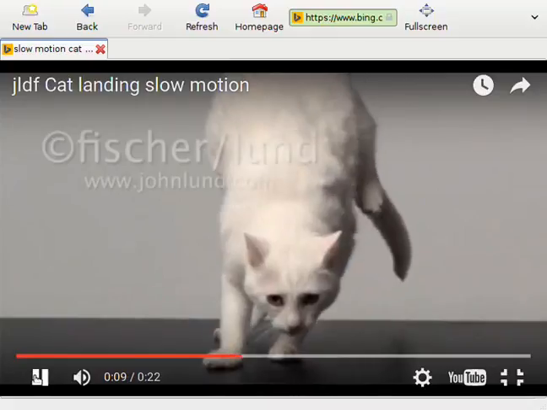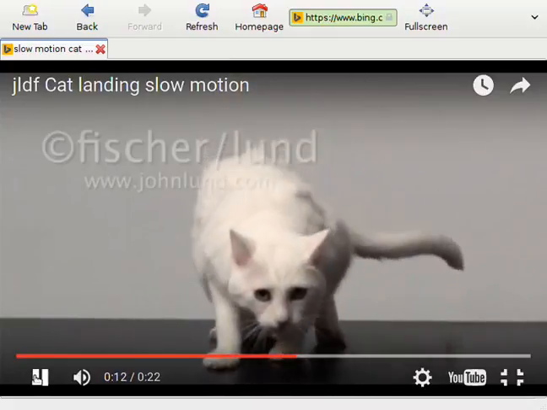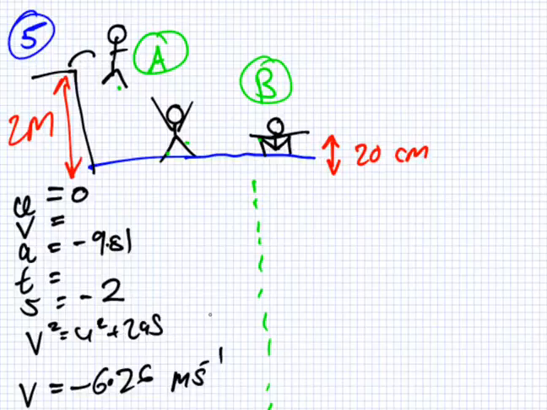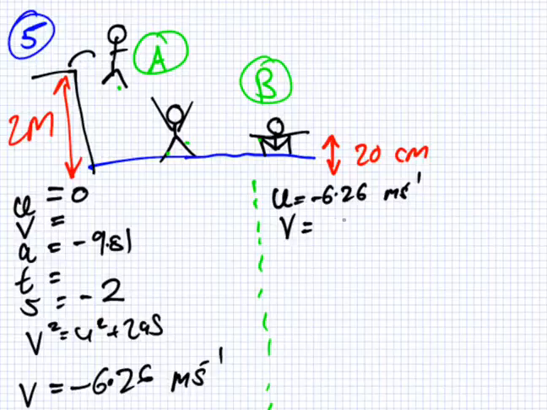So he lands like this. Well, no, let's make it more realistic. So he jumps, and then he lands like this, and then he bends his legs like this. So when he lands, it's like when the car hits the wall, it slows down.